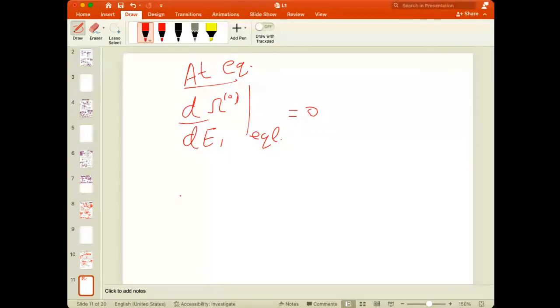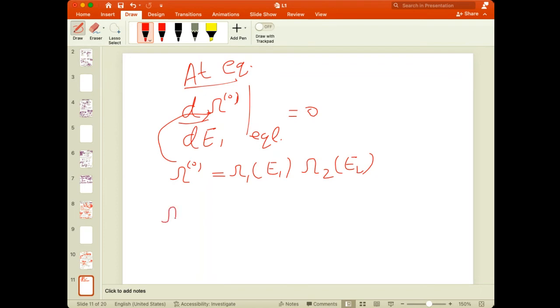If that's the situation, and we just wrote that the number of microstates for the composite system is nothing but omega 1 as a function of E1 times omega 2 as a function of E2, then we just need to apply the u into v type of formula.